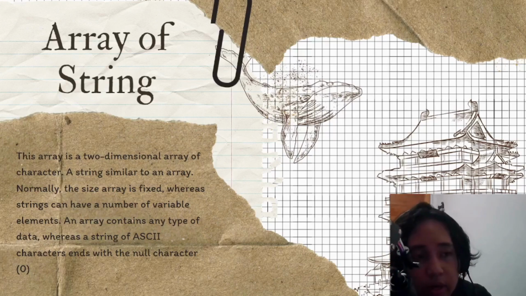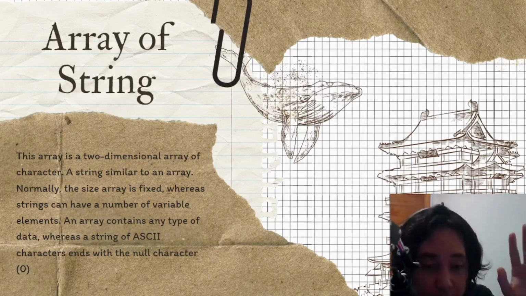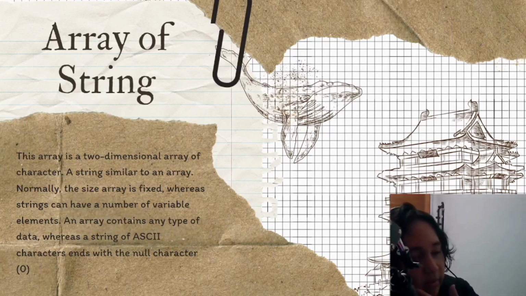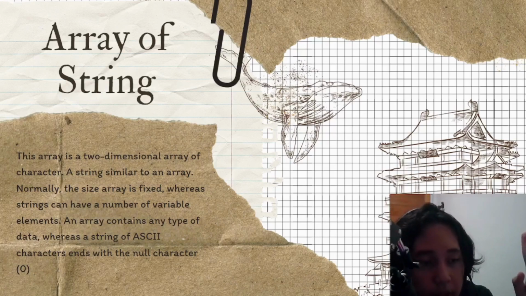So, what's the difference between a regular array and an array of string? I'm going to show you. For example, in a regular array, you can only put, for example, integer, float, or characters. But in an array of string, you can put the whole string inside of your array. So, for example, if you have a wardrobe and you only put clothes, that's the regular array.